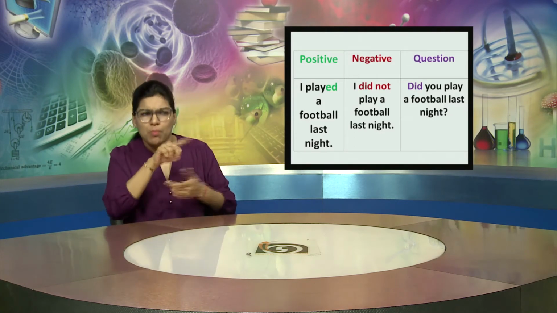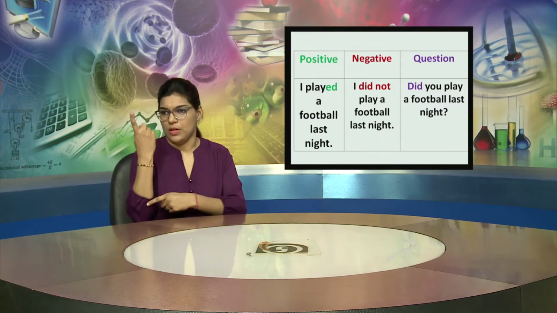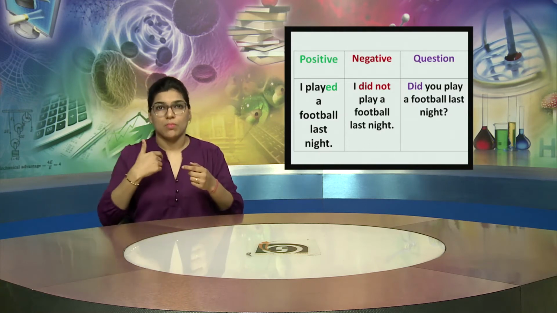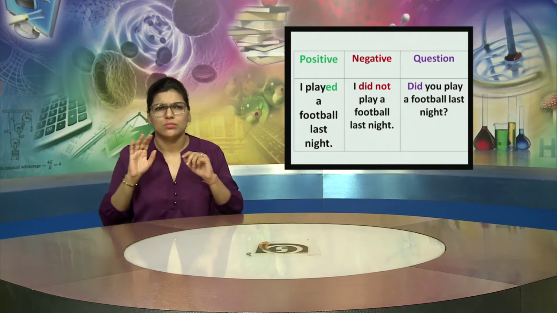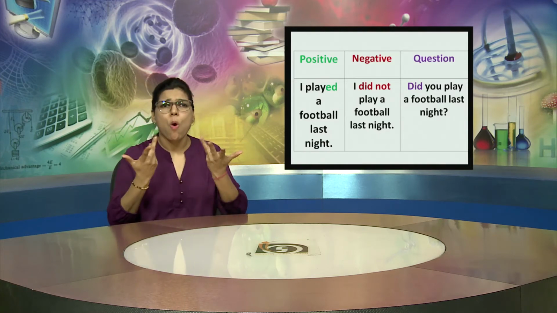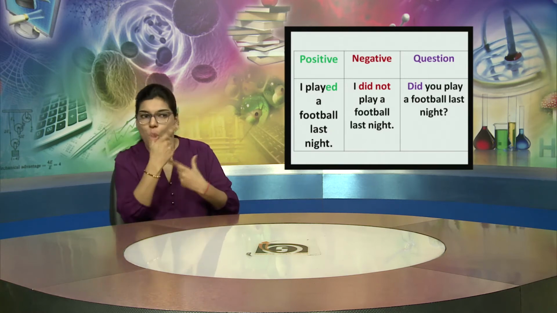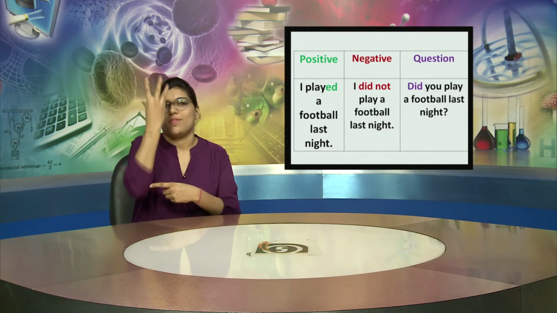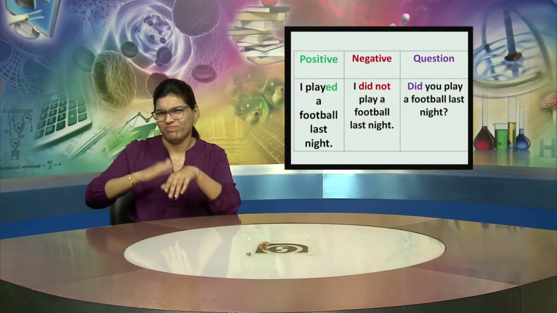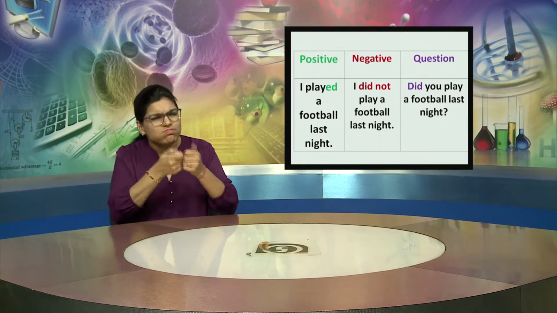Last night, if you do not use the word last night, like in this statement on screen, last night is not there. It is only I played football last night. Last night is at the end.